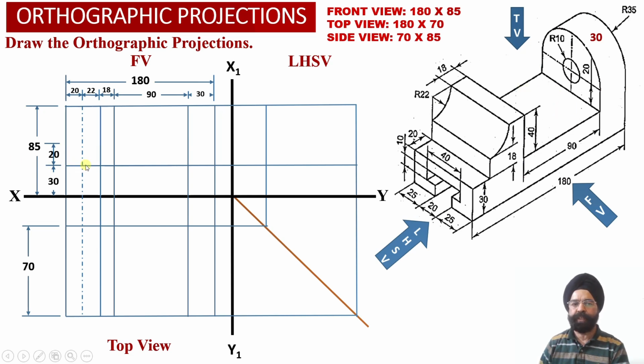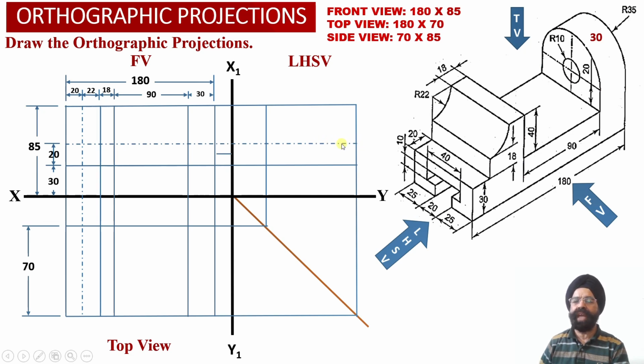So from the top surface of the horizontal web, we have marked a distance of 20 millimeter above the top surface of this horizontal element or the horizontal web over here. So this horizontal center line projection we have marked into the front view projections, and this center projection line has been extended into the left hand side view projections as well.